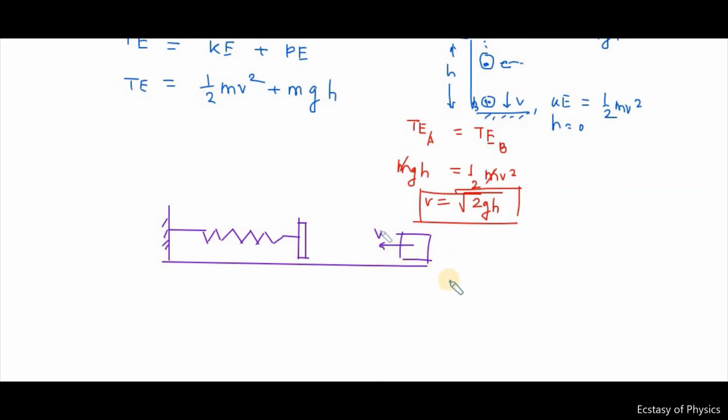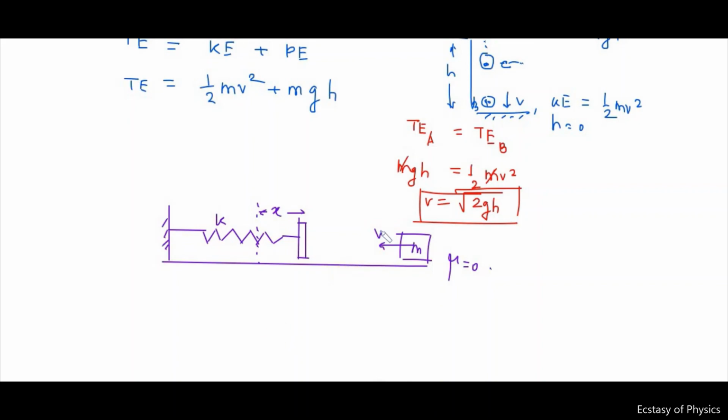Since I have mentioned that it is a frictionless track, so mu equal to 0, that means the same velocity is going to be maintained, and the mass of the object is m. Due to the force exerted by the motion of this block, we have to find out what the maximum compression could be, if the spring constant is represented by K.